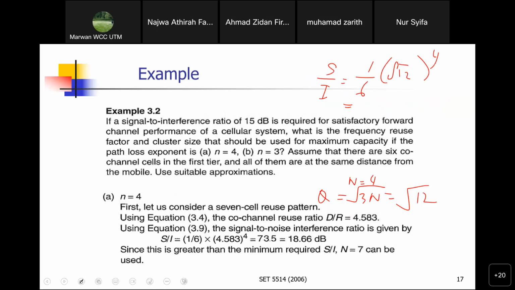So I get around 13.8 dB. Can everyone get the same answer, 13.8 dB?